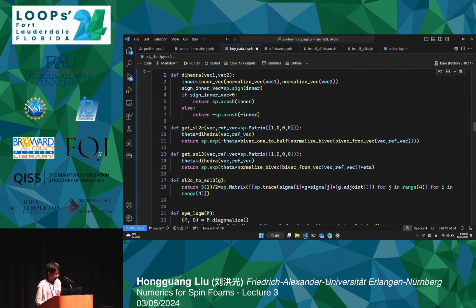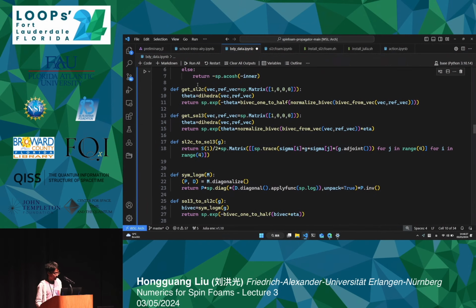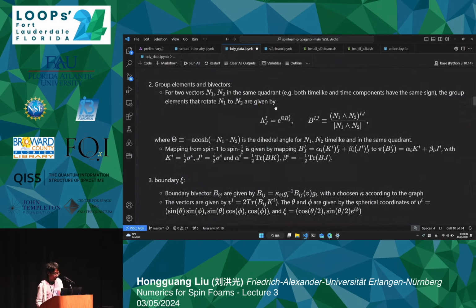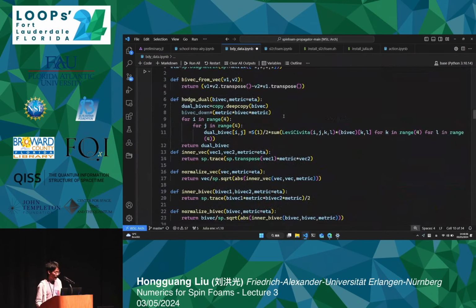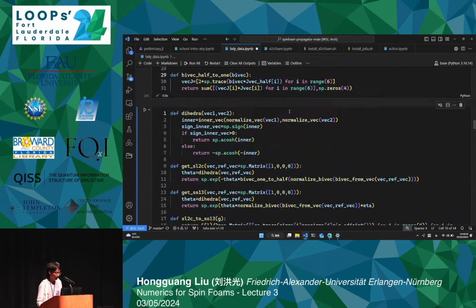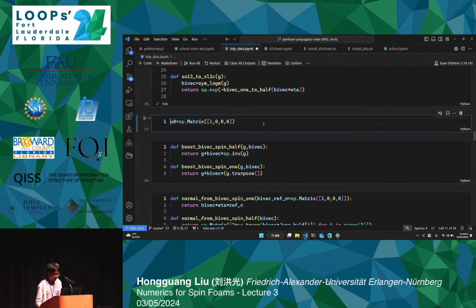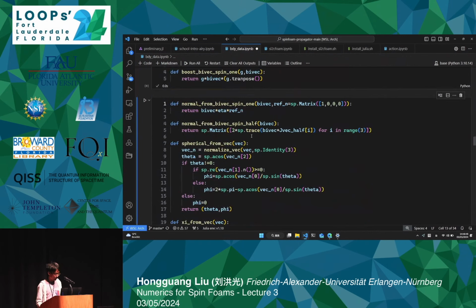So these are some elementary functions, and then we define the dihedral angle, and we can directly get the group elements according to what we just said. So we have everything. The dihedral angle is only a function of two normals, the reference normal and the normal we obtain. So everything is very easy. You can just run it yourself. I can just do a test run if you want. And this is how to obtain the normals.